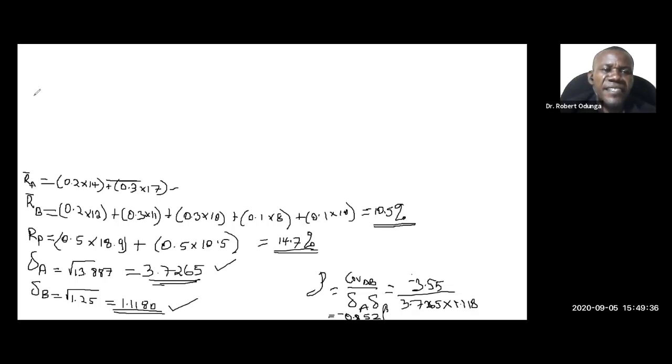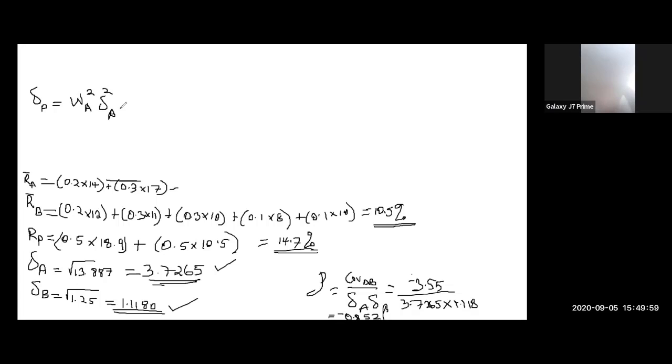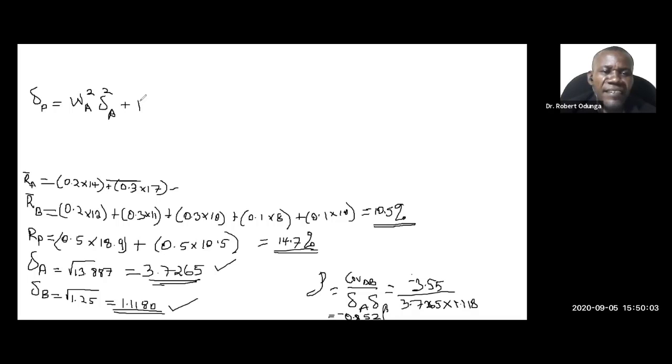Is equal to, you've forgotten. W_A squared sigma_A squared plus W_B squared sigma_B squared.